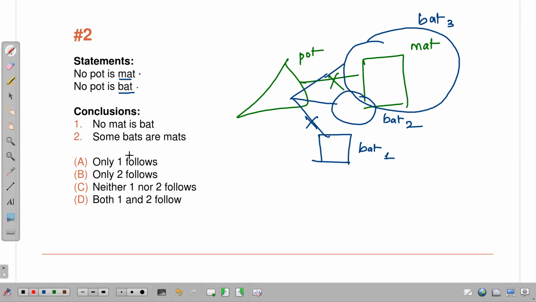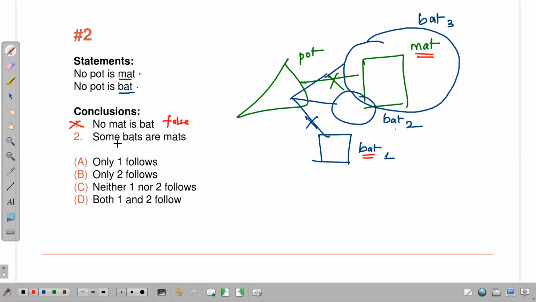Now, let's look at the first one, which says no mat is bat. So none of the mat is going to be bat, which is true for bat 1, but not true for bat 2 and bat 3. And as I said, this is the maximum intersection diagram, which definitely refutes this possibility. So this is a false claim.